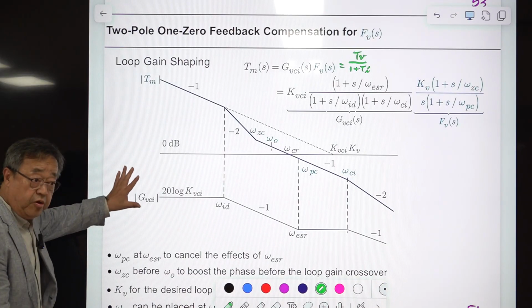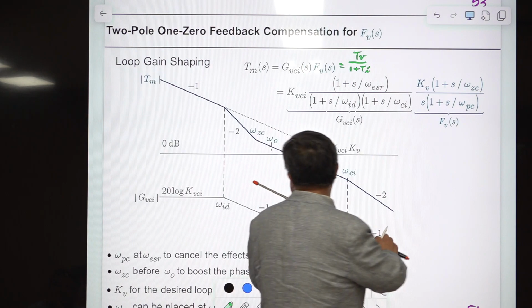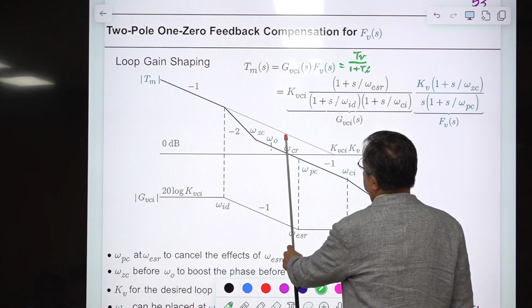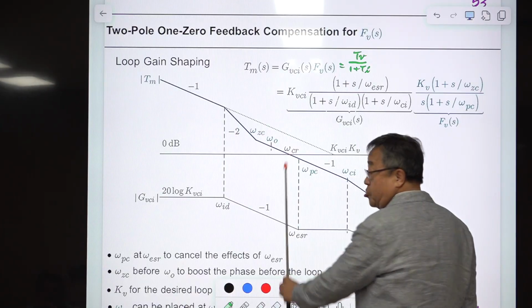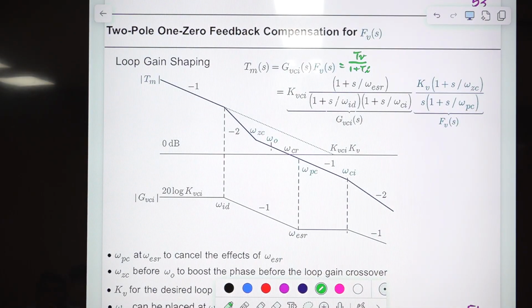So this is a structure, and this is very good. Why is it good? Because the slope of this loop gain at this 0 dB crossover frequency is about -1. So the phase margin will be very large, something approaching -90 degrees, but less than -90 degrees.